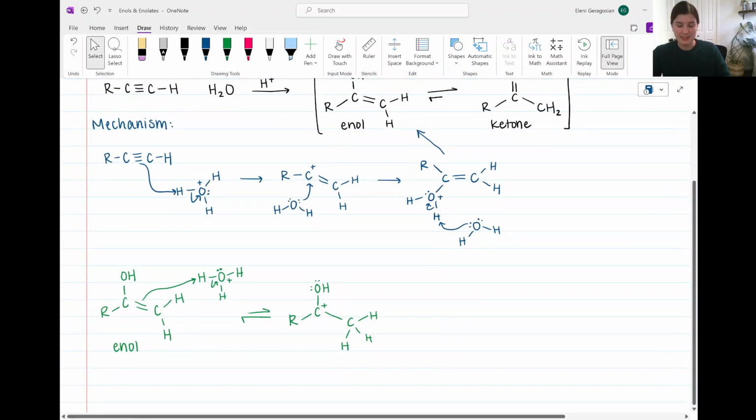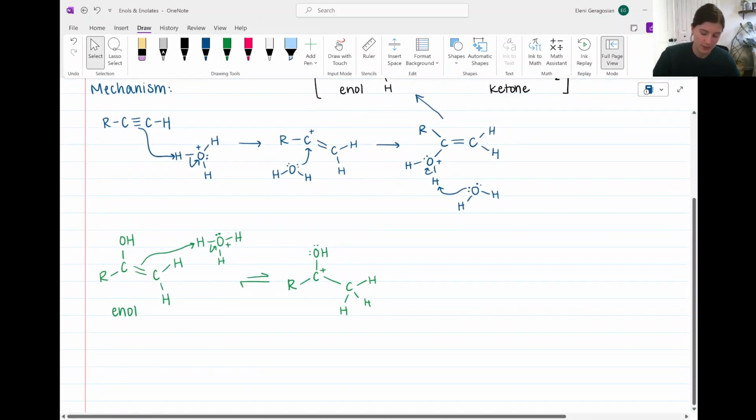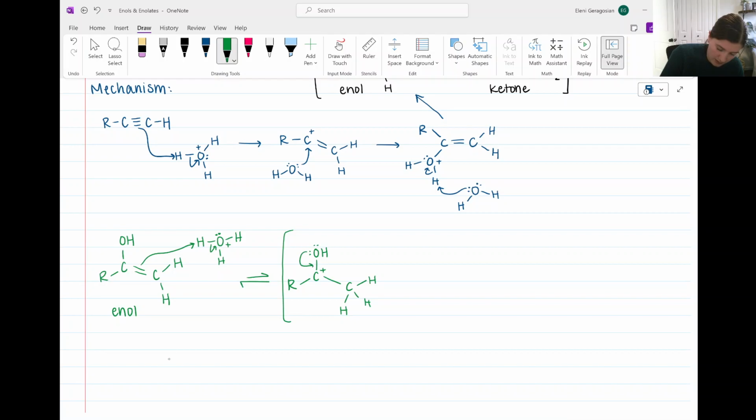Hopefully you can see this is a resonance stabilized carbocation. So we will show resonance here. Oxygen electrons can create a double bond between the open shell carbon and itself.